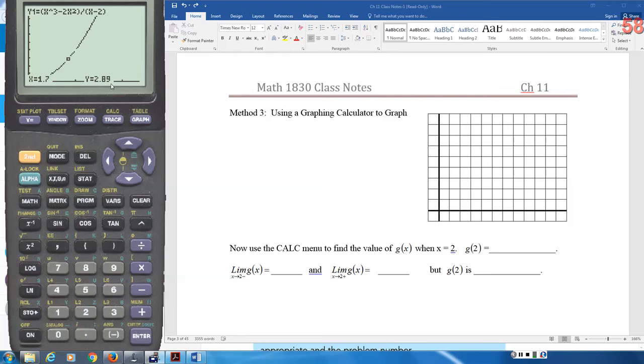Now I'm at 1.7, and I'm almost to 3. I'm at 1.9, and I'm at 3.61. At 1.95, I'm at 3.8. What's it getting closer and closer to now? 4.